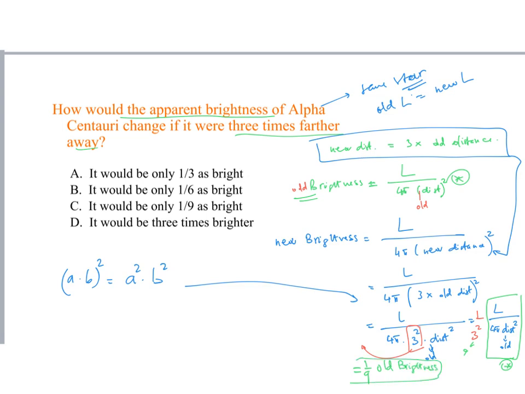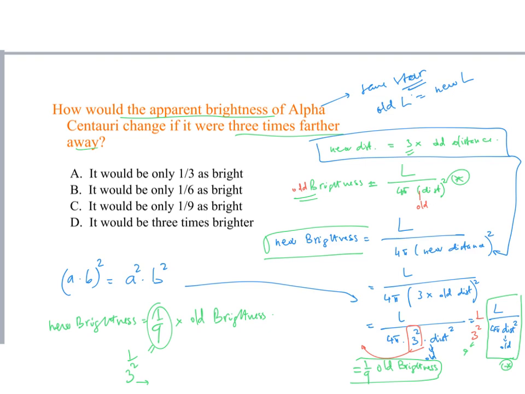So this is our result. This is how we started. So new brightness is 1 over 9, which is 1 over 3 squared, the factor by which the distance changed, times old brightness.